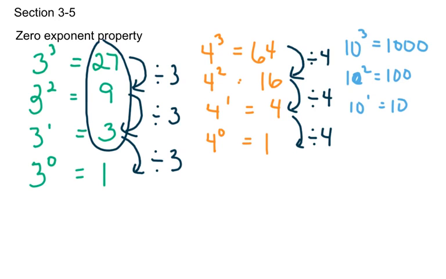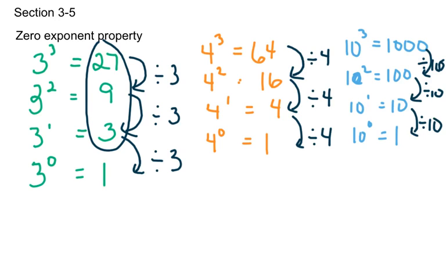So each time we divide by 10. In the next row, we would have 10 to the 0 power. So that means we're going to take 10 and divide it by 10, and we get 1 as the answer.